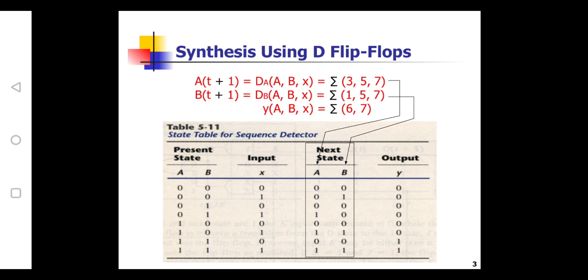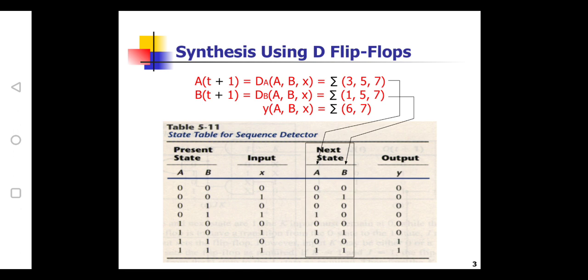Here, compare the present state of A with the next state of A, and write down the corresponding values. In this case, there is no need to specifically mention dA and dB; in simple words we can directly write A(t+1) equals dA and B(t+1) equals dB. If we observe the next-state column of A, we have ones at 3, 5 and 7.